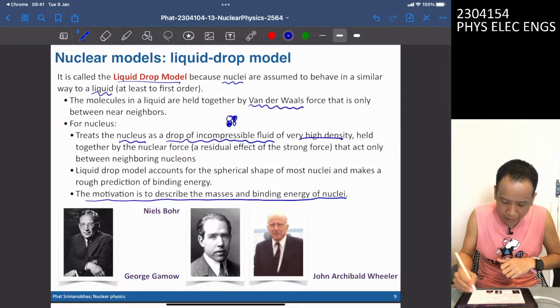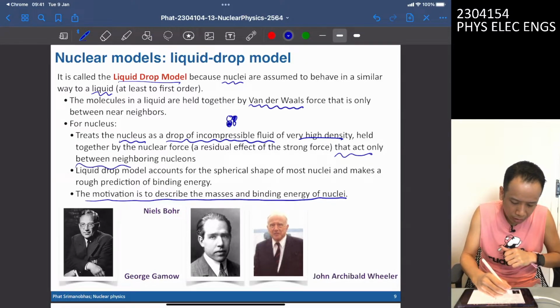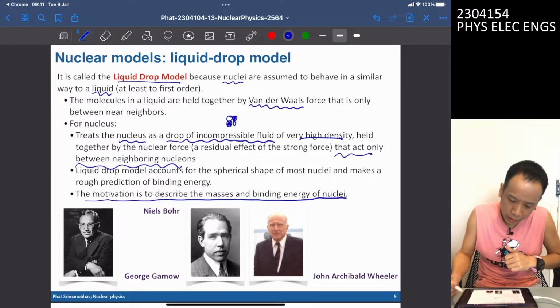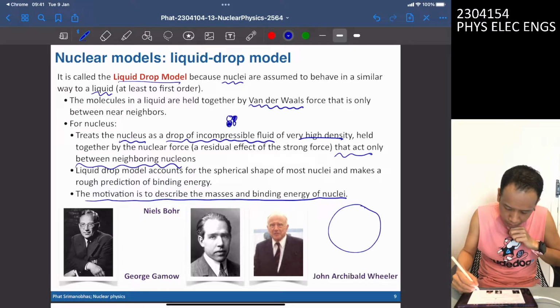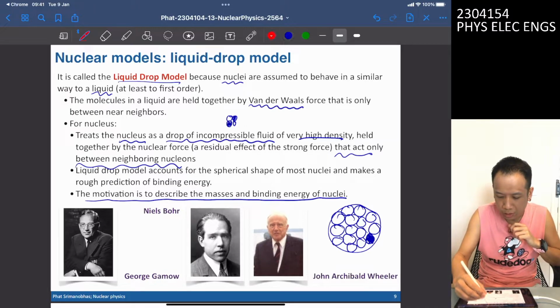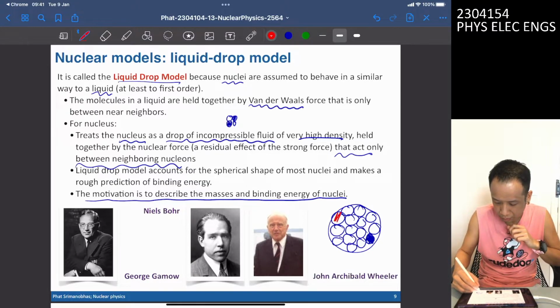They have very high densities, okay, and the force acts only between neighboring nucleons. What does it mean? It means that if you have a nucleus, okay, and inside you have neutrons and protons, like this, these guys will not talk to this guy.